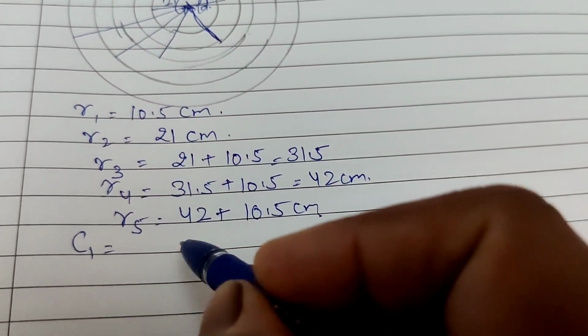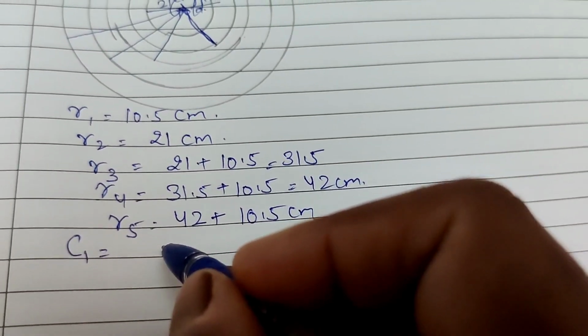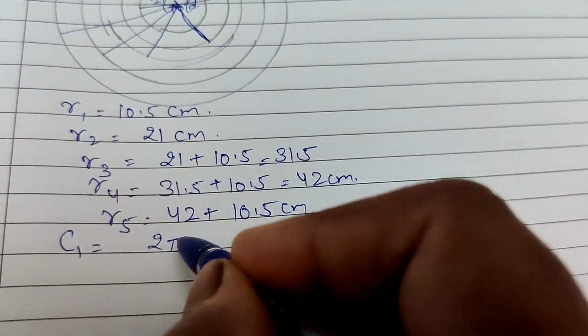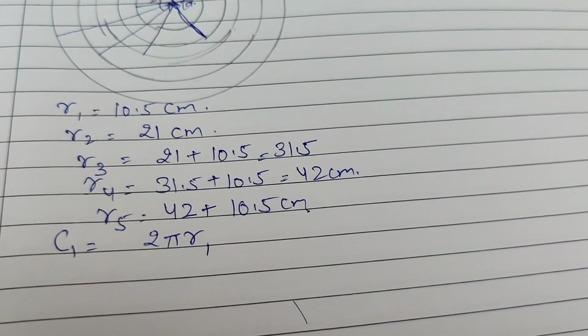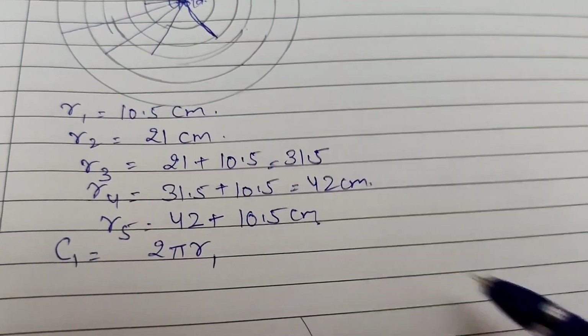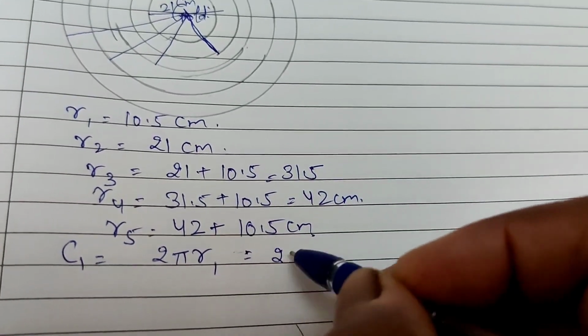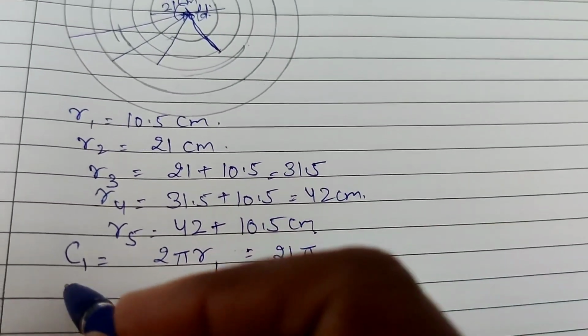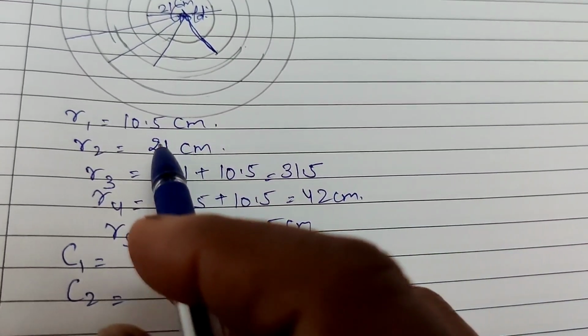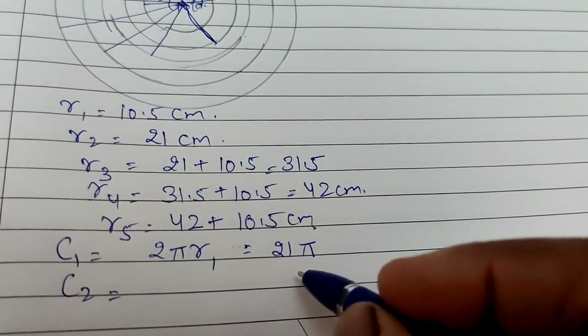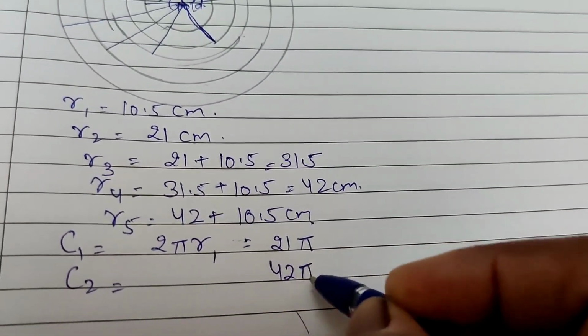Circumference C1 is pi into D, it means 2 pi R1. So 2 into 10.5 means 21 pi. C2, just double, diameter 42, it means 42 pi.